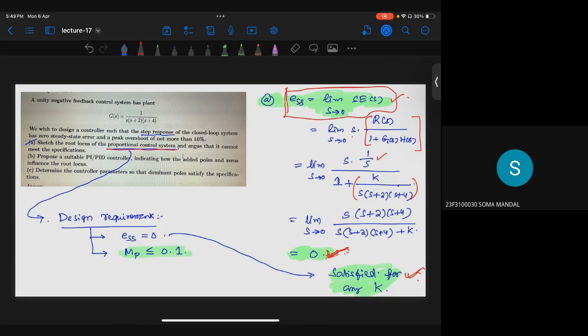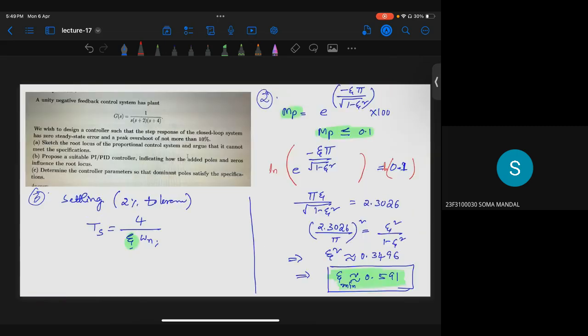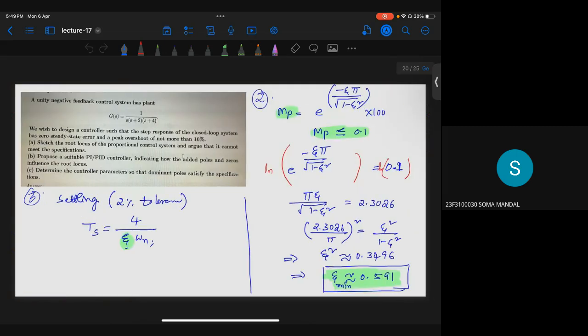Now let us check the peak overshoot, whether this is less than or equal to 0.1 or 10%. This is the equation for the peak overshoot for second order systems: e power minus zeta pi by root over 1 minus zeta square, multiplied by 100. Our design requirement is that it should be less than or equal to 0.1.